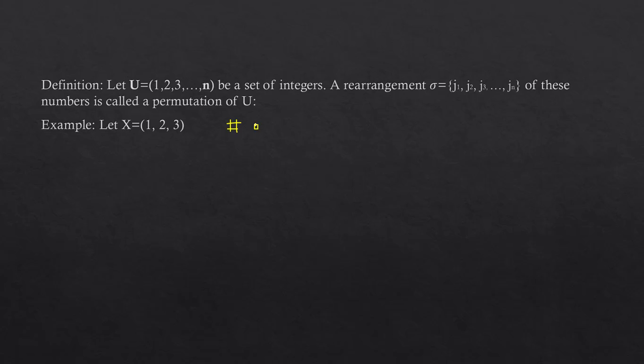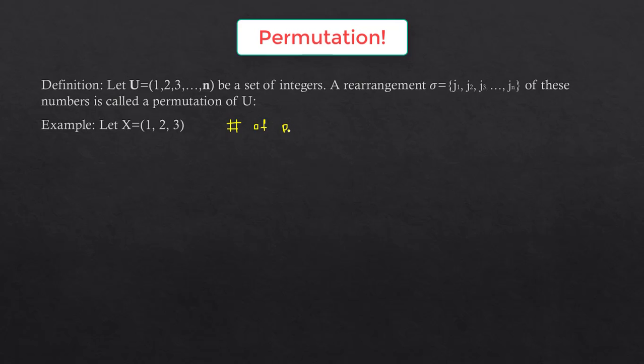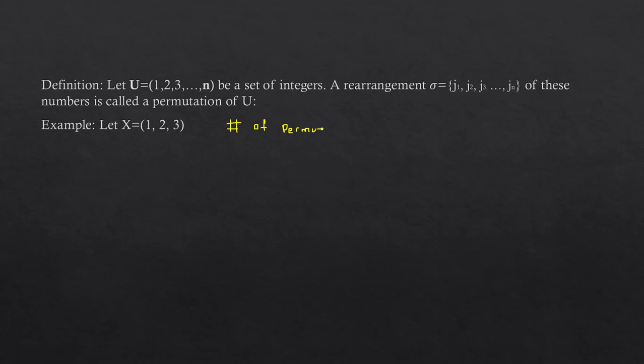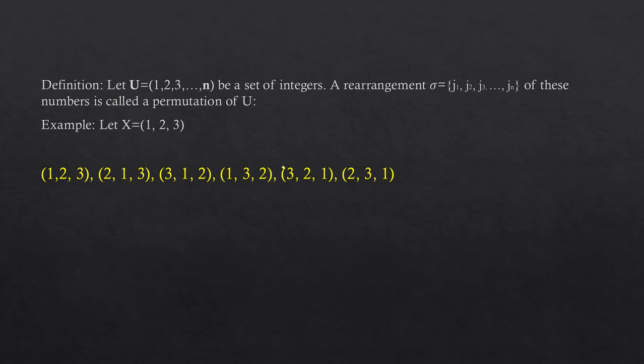Now the number of permutations is equal to 3 factorial, which is equal to 3 times 2 times 1, which is just equal to 6. And these can be written out as such: 1, 2, 3; 2, 1, 3; 3, 1, 2; 1, 3, 2; 3, 2, 1; and 2, 3, 1.